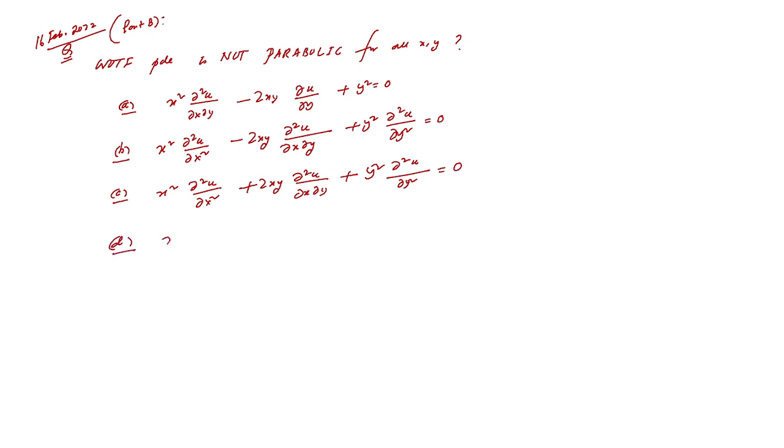And option D: x square del 2u del x square minus 2xy del 2u del x del y plus y square del 2u del y square plus x del u del x plus y del u del y equals 0.